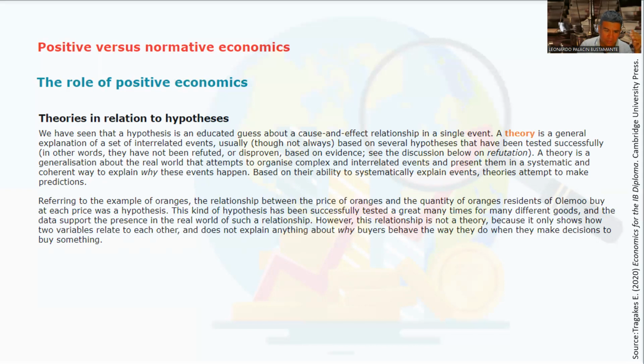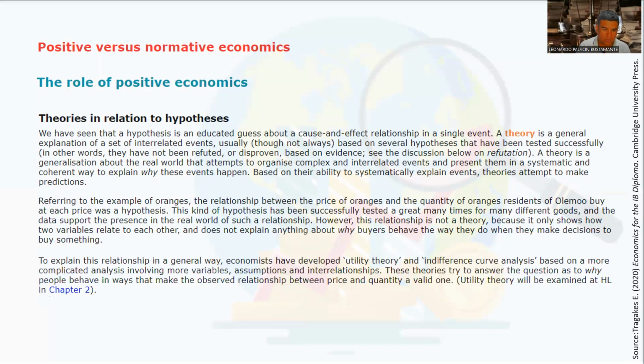Referring to the example of oranges, let's take the example. The relationship between the prices of oranges and the quantity of oranges residents of Olemu buy at each price was a hypothesis. This kind of hypothesis has been successfully tested a great many times for many different goods. And the data support the presence in the real world of such a relationship. However, this relationship is not a theory because it only shows how two variables relate to each other and does not explain anything about why buyers behave the way they do when they make decisions to buy something.